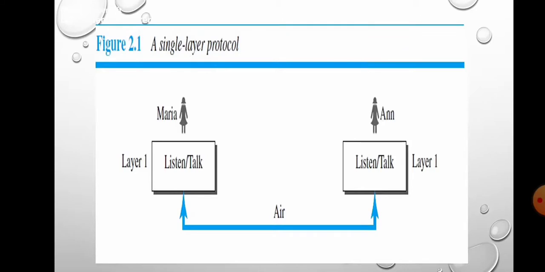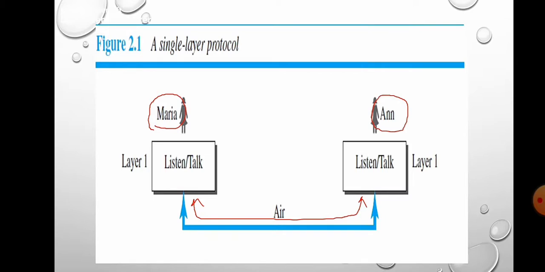The diagram shows a single layer protocol, or simple communication. Here we have Maria and Anne. Both need to communicate through a common transmission medium, air. Communication between Maria and Anne takes place in a single layer.